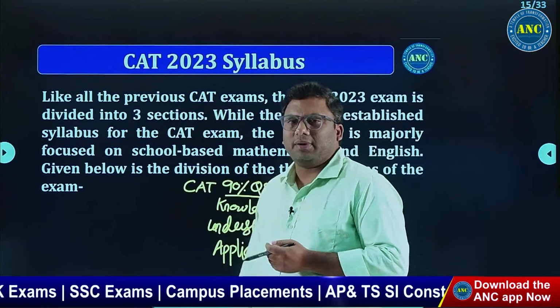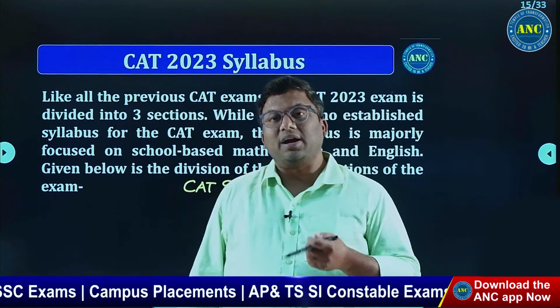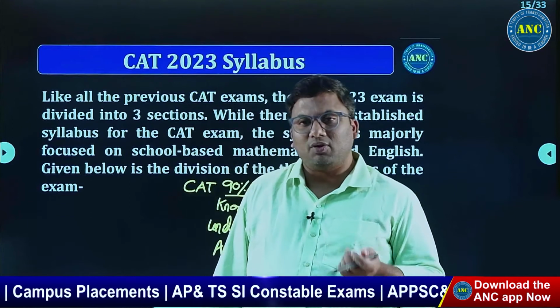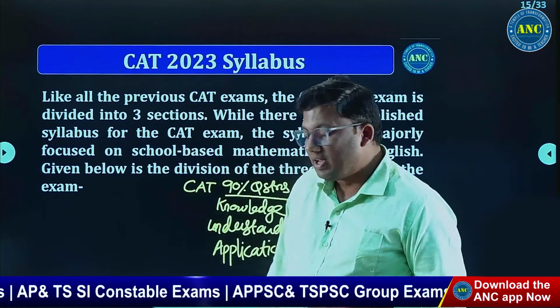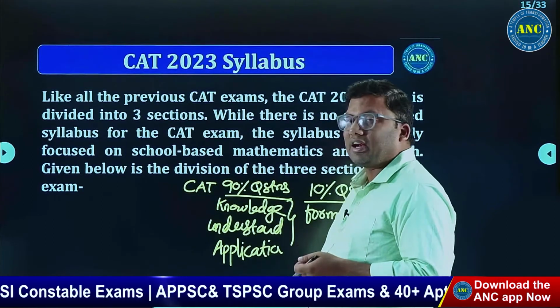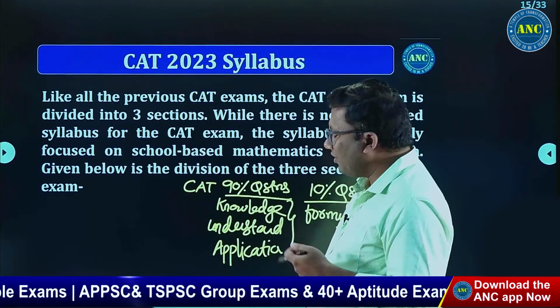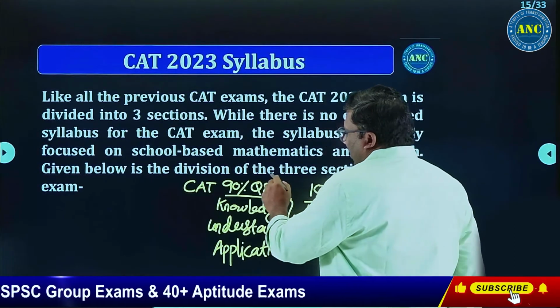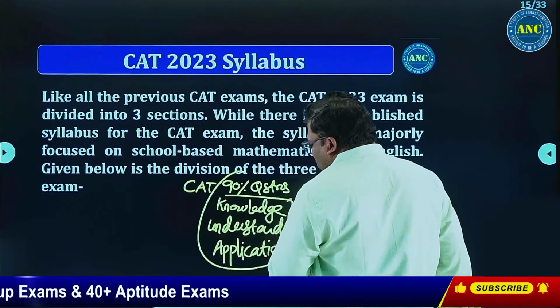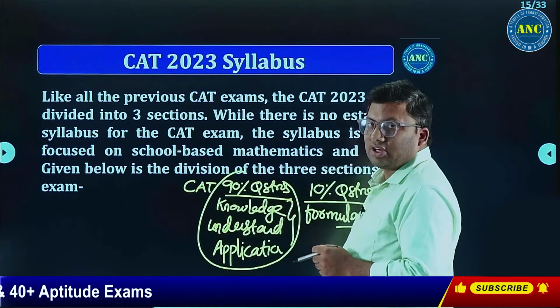Then it can be checking out a concept from arithmetic, algebra, geometry, modern maths, para jumbles, para completion, sentence completion, reading comprehension, LR, data interpretation, bar graph, table graph, and so on and so forth. So they expect students to have a solid foundation of the concepts.